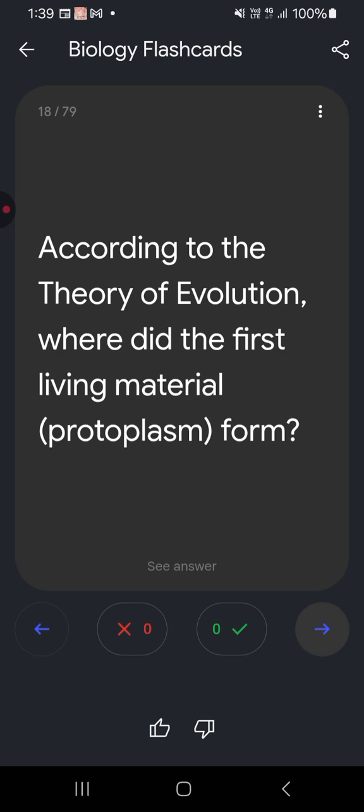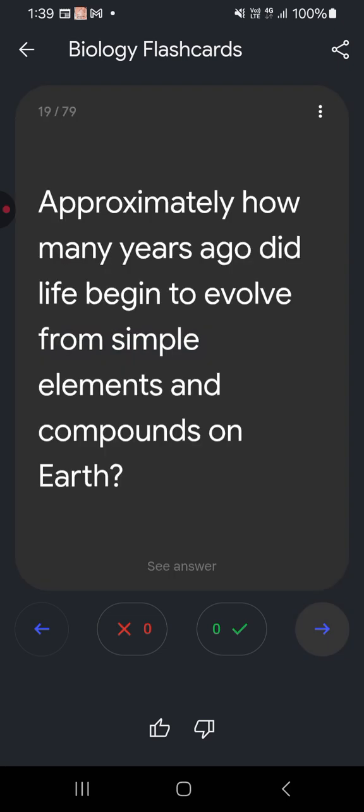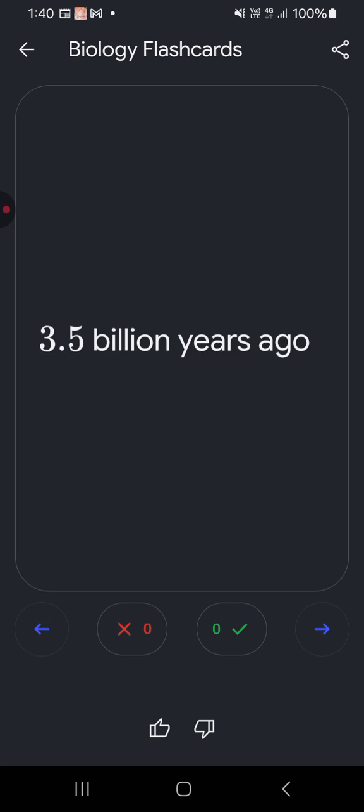Of course, because all living organisms need water, the first living material protoplasm formed in the oceans. Approximately how many years ago did life begin to evolve from simple elements and compounds on Earth? 3.5 billion years ago.